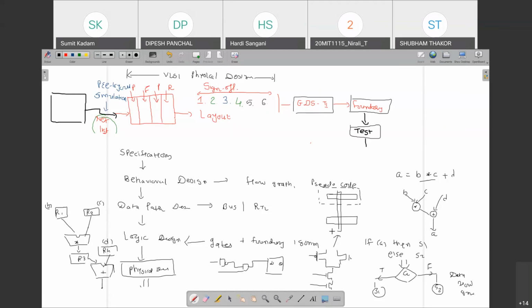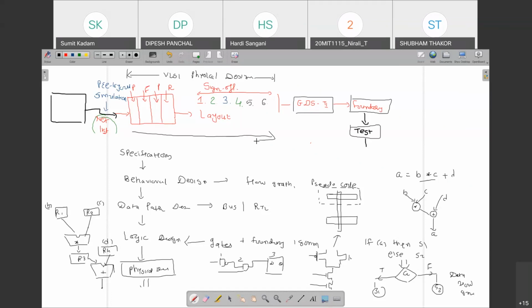PMOS at top, bottom is NMOS. But our design is not limited to just these 1, 2, and 3. Our design is available with a large number of gates, large number of transistors. So if that is the case, we have to pass through this kind of process.